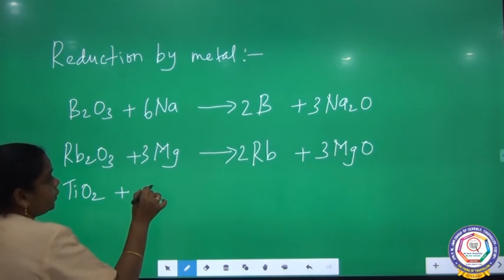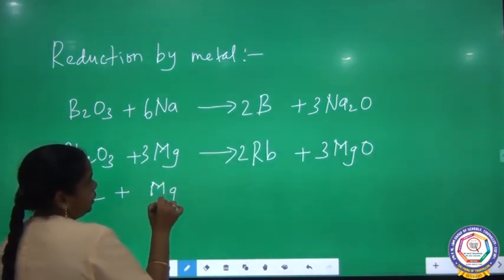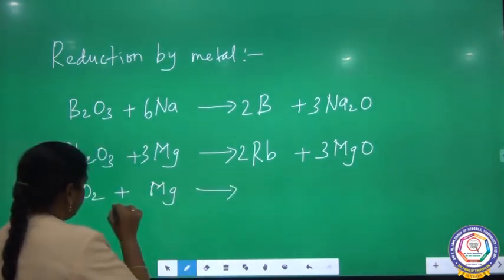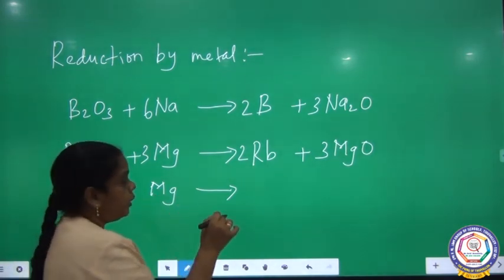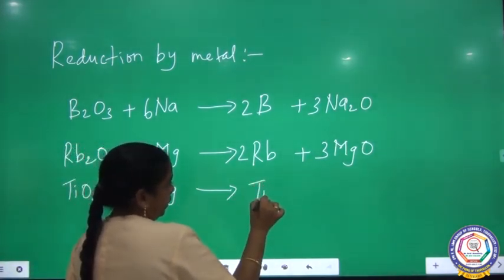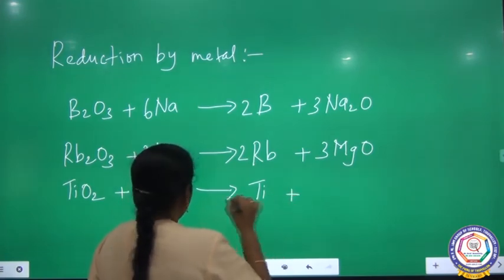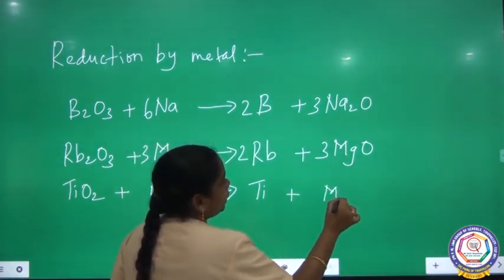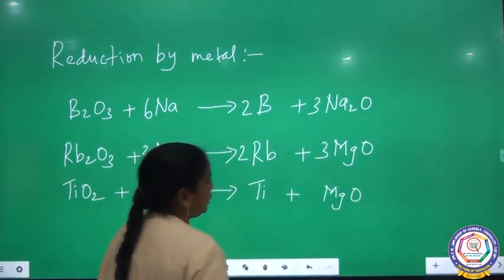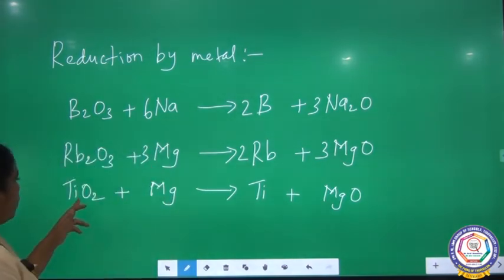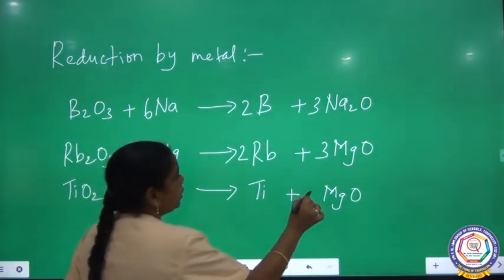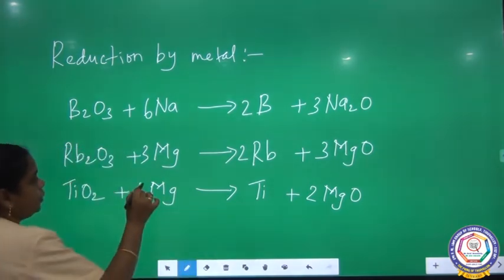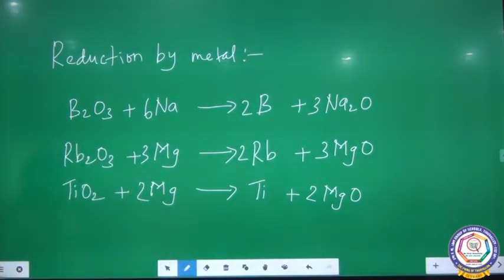can be reduced by magnesium. Titanium oxide is going to be reduced to metal titanium plus magnesium oxide. Now balance the equation, 2 and 2 magnesium. And the next metal, thorium oxide.